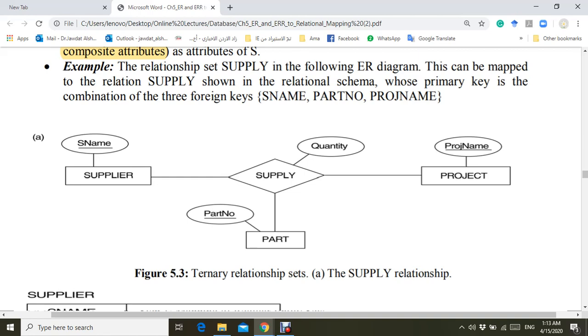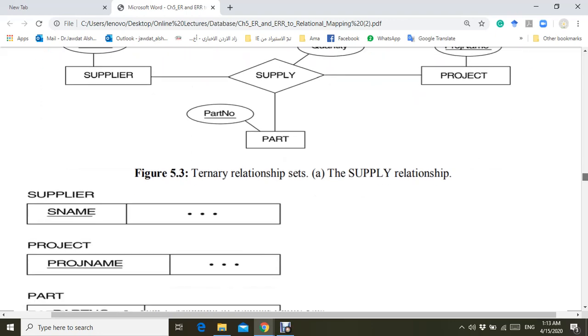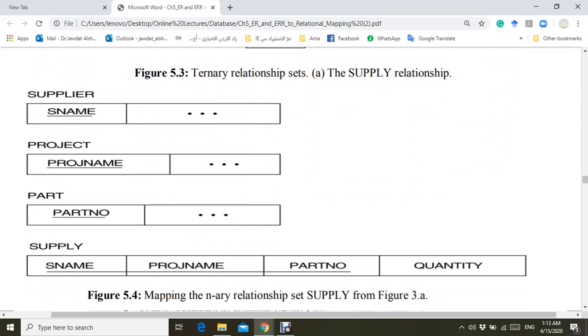So we make a relation called supply, and we put in this supply relation the primary key for the supplier, the primary key for the project, the primary key for the part, and the attribute that belongs to this relation, which is the quantity. So it will look like this. Supply will be mapped as a separate relation.